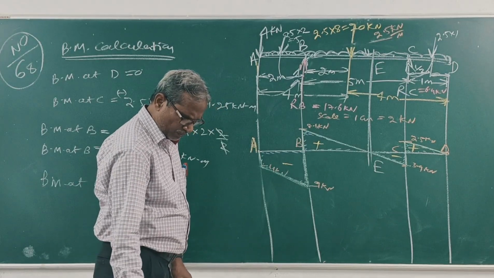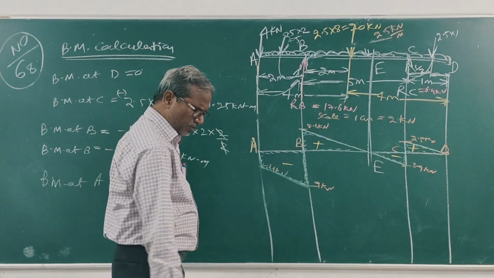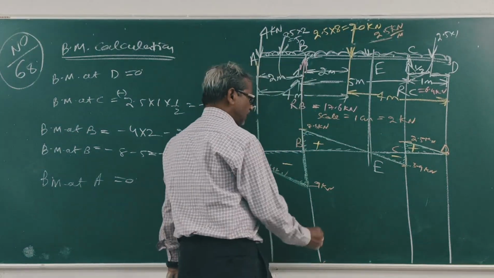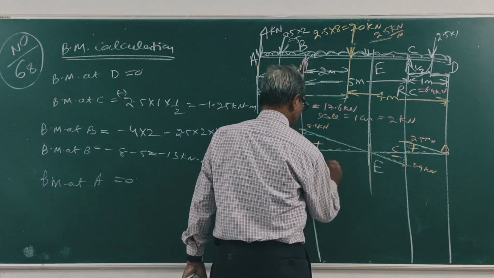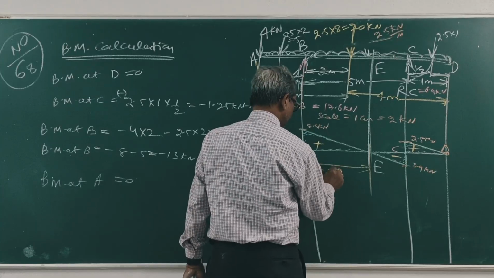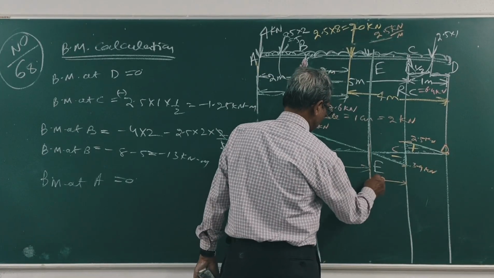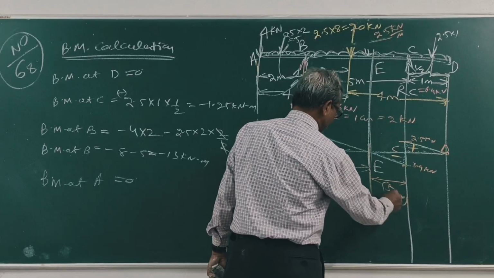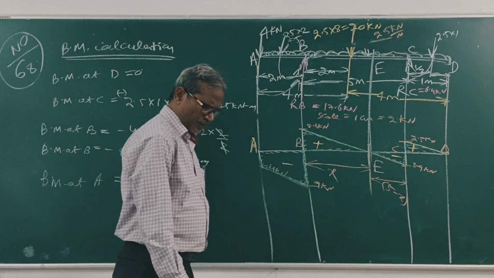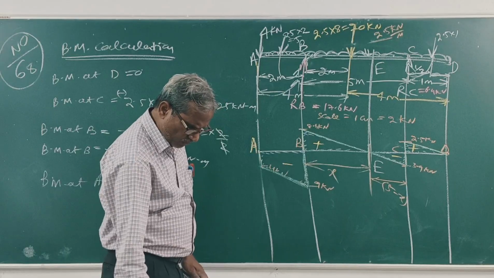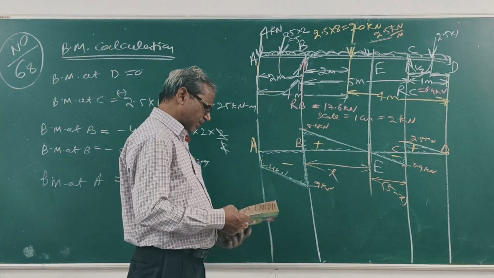Now suppose the point E is at distance x from B. This is 5 minus x. Clear? So we will find the value of x.